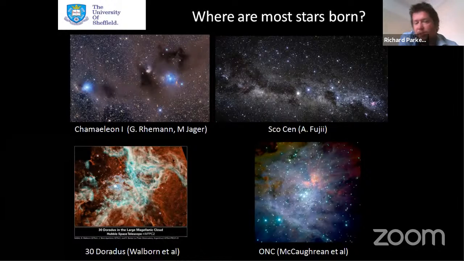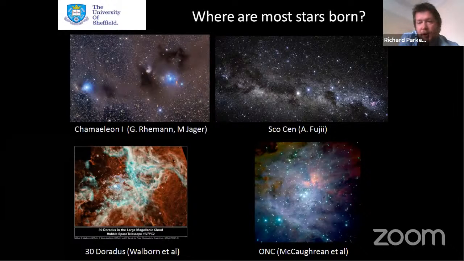But even if you talk about a star cluster, you have a whole range of things. On the lower left of the slide is 30 Doradus, a star cluster in the Large Magellanic Cloud. That is incredibly dense, probably going to eventually form something akin to a globular cluster. A very dense, very massive cluster containing probably at least 10,000, if not more, stars.